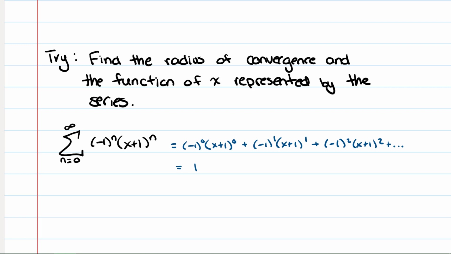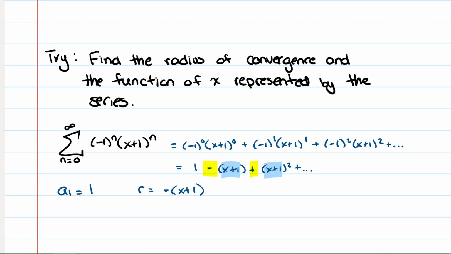Then it's going to be minus (x plus 1) plus (x plus 1) squared, and so on. So I can see that it's going to alternate. And I can see that the inside is going to be x plus 1. So I get that a sub 1 is equal to 1. And r is going to be negative (x plus 1).